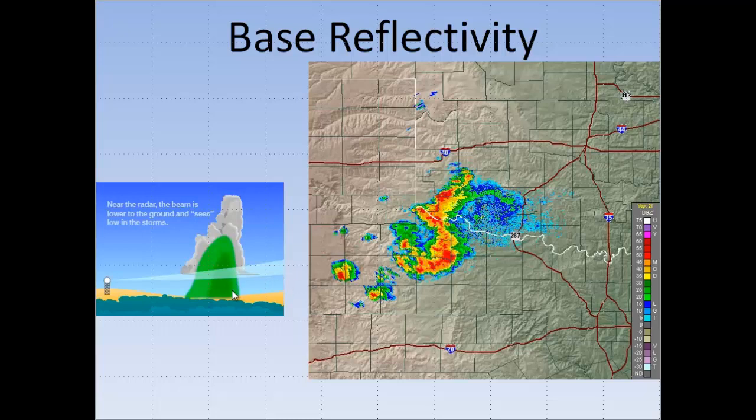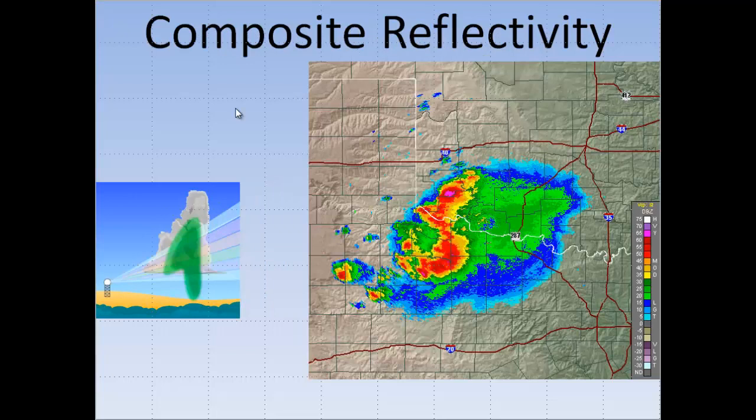You can see this little diagram here, the single slice going through the storms, and it sees the reflectivity that is nearest to the ground on this half-degree slice. On the next slide here, this is a composite reflectivity, and it's actually seeing the volume of the storm from the lowest slice all the way up through the top slice of the radar volume. And you can see the difference. I'll go ahead and toggle back and forth between the two of them.